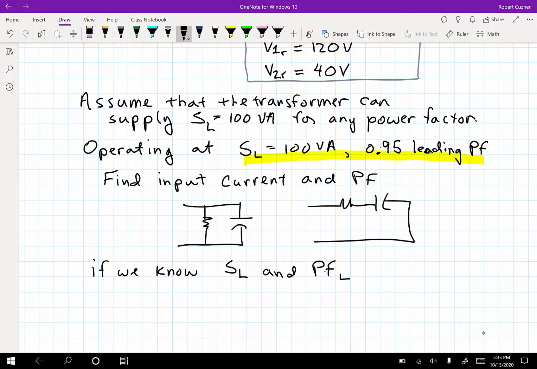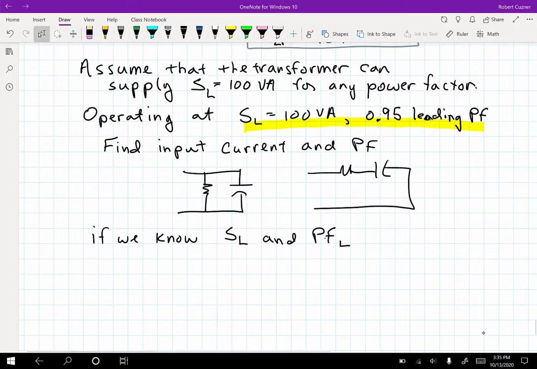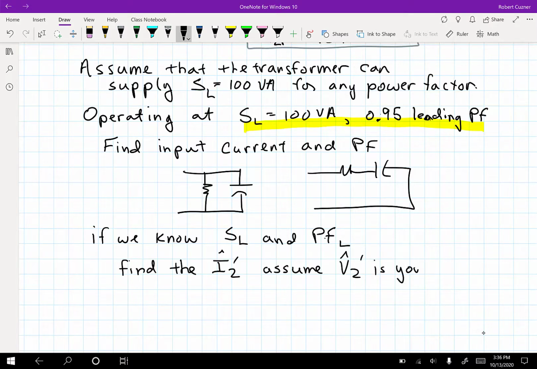And then what we can do is solve this problem by finding the secondary current first. We can solve this all referred to the primary, and we'll have to assume the secondary voltage is our reference.